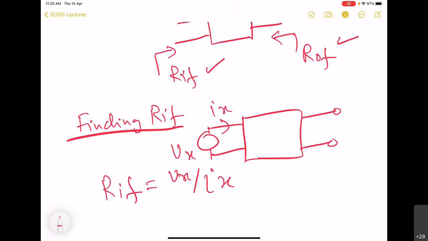Keep in mind this is going to be valid when you have voltage, that means a voltage amplifier. Input and output are voltages. We will see that for a current amplifier, this definition will get modified.